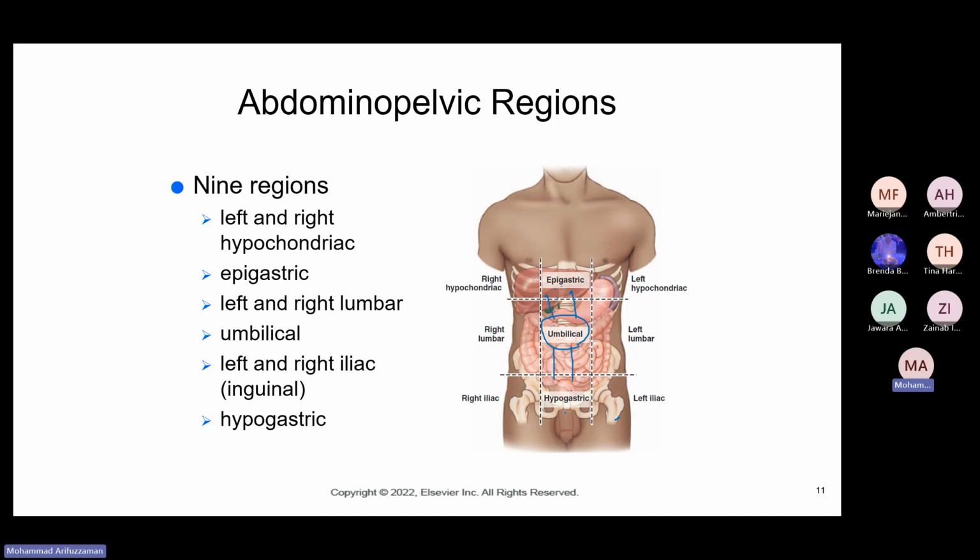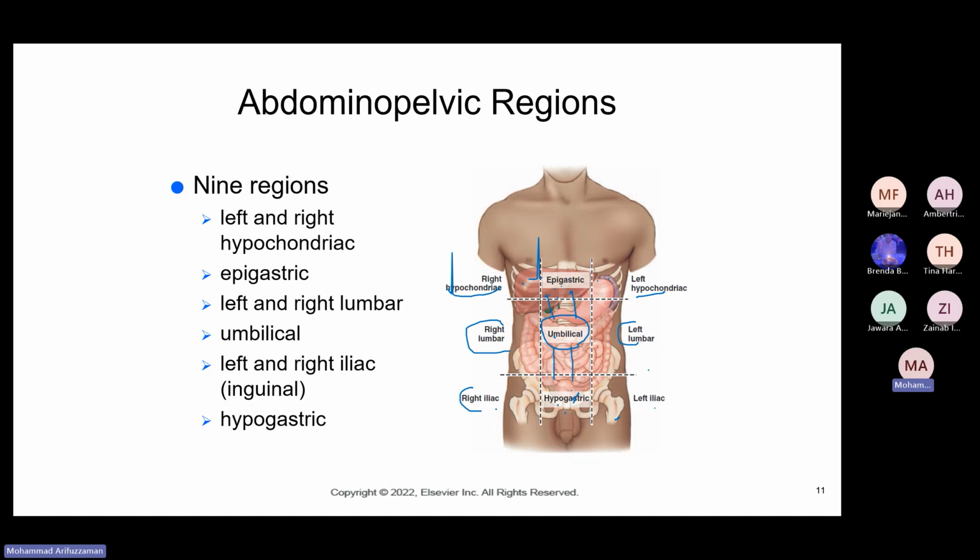Now you can see the relationship, superior and inferior. On both the right and left side of the epigastric are the right hypochondriac and the left hypochondriac. The right and left side of the umbilical is the lumbar, and the right and left side of the hypogastric is the right and left iliac. So these are the 9 regions.